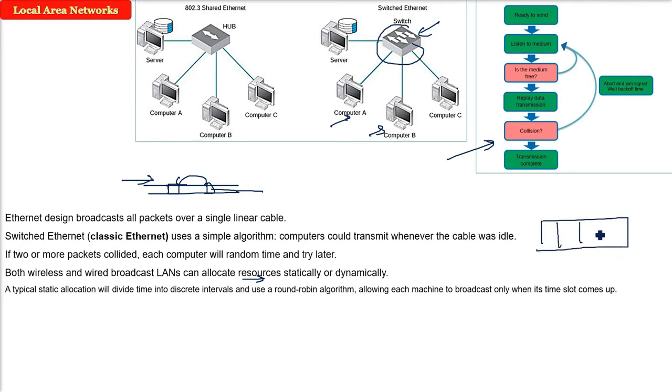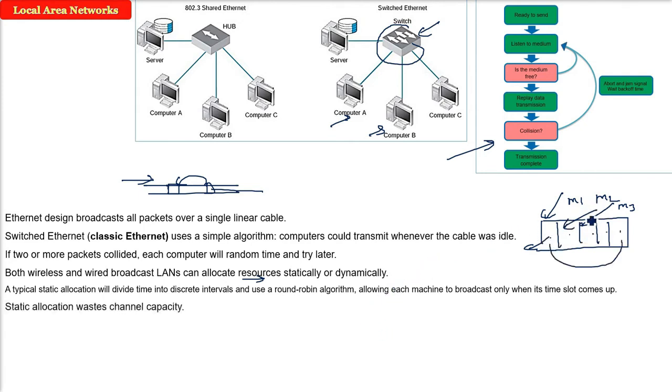Static allocation will divide the time into discrete time intervals. It will say M1 should send in this time, M2 in this time in round robin, M3 in this time. Every machine will get a stipulated time, then M2 will send, then M3, M4, M5. And if there are 5 machines, then M1 will send again.